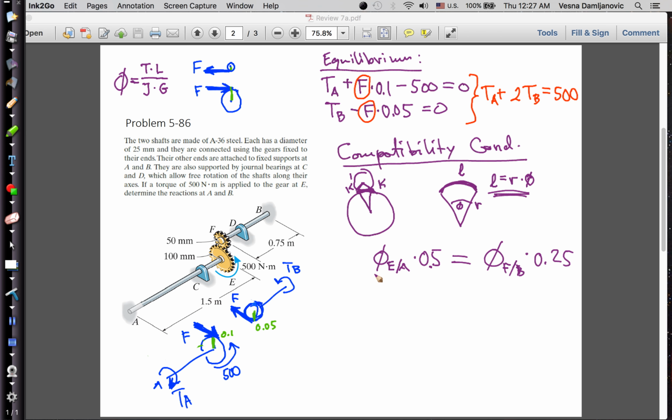So what's the twist angle of this shaft from here to there? There are no changes in cross section, no new loads.